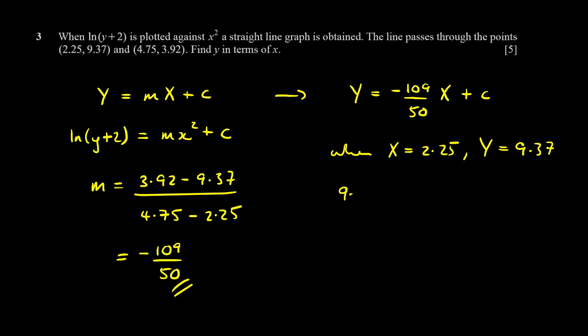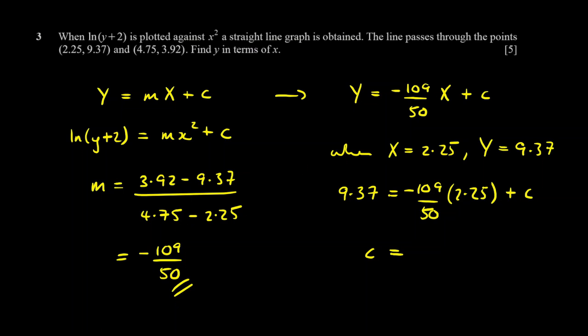So we can write that as 9.37 is equal to negative 109 upon 50 times 2.25 plus c. Okay, so I'm just going to put that in my calculator. So minus 109 upon 50 times 2.25, and then I'm going to add that to the other side.